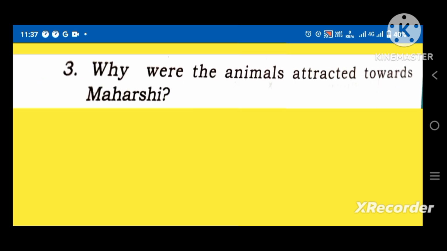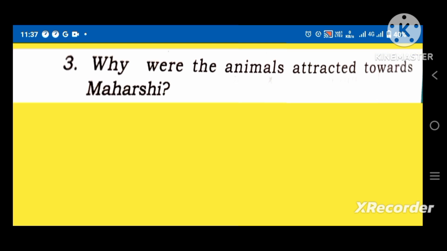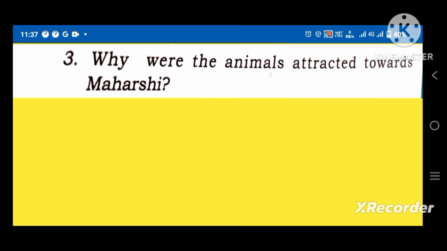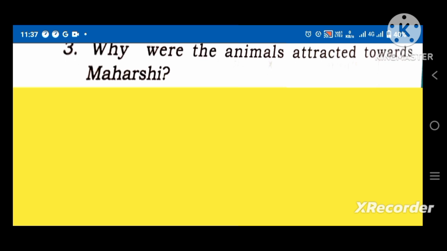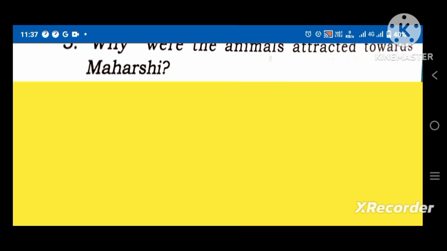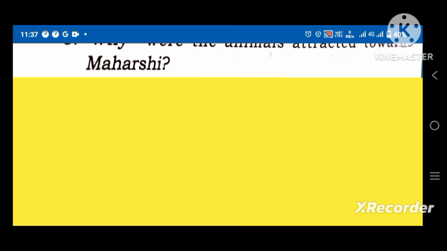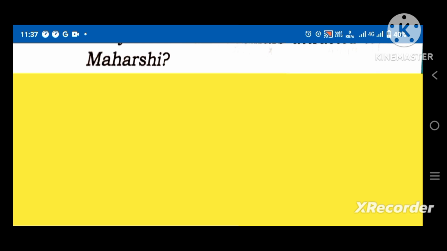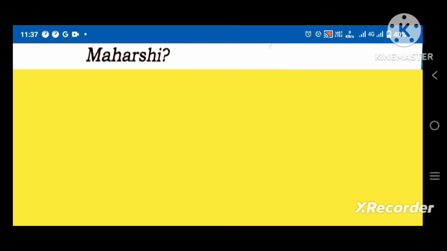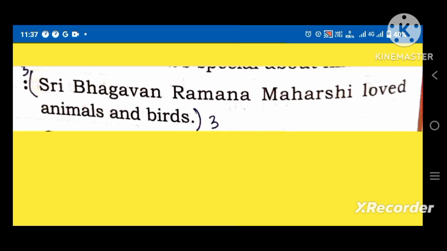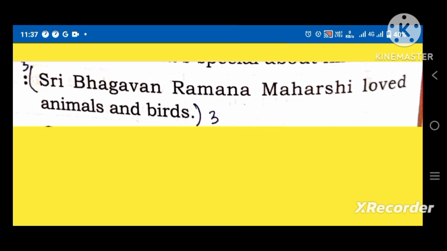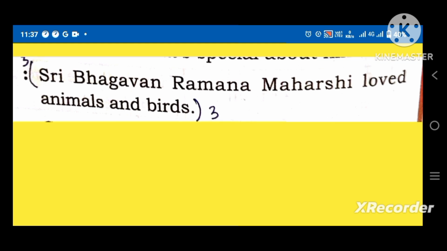Third question: Why were the animals attracted towards Maharshi? Because Sri Bhagavan Ramana Maharshi loved animals and birds.